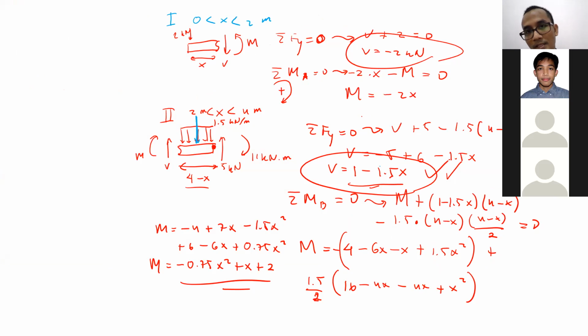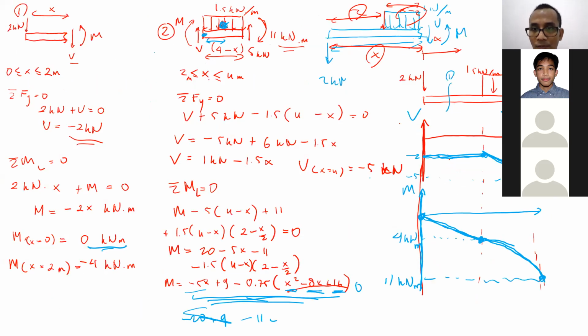Because it's supposed to be minus 6 here. That's why it will become like this. Constant minus 2 from the beginning until the starting point of the distributed force, and then linearly going downwards from minus 2 to minus 5.